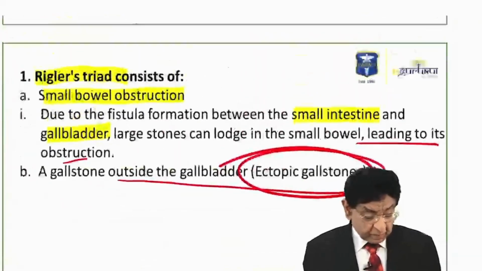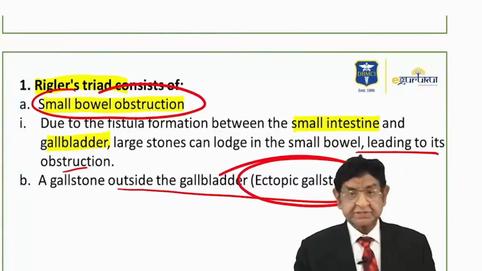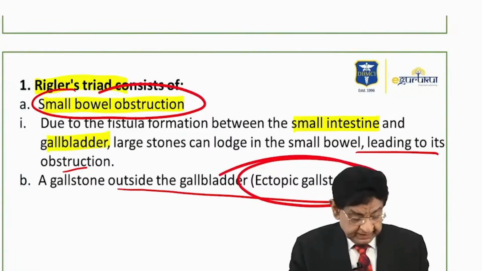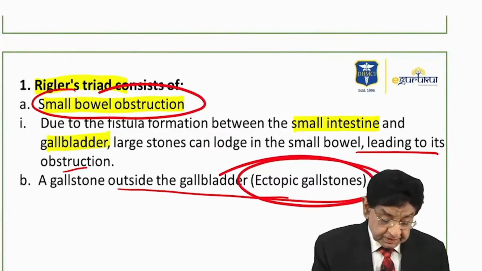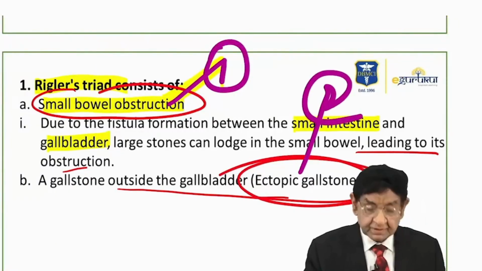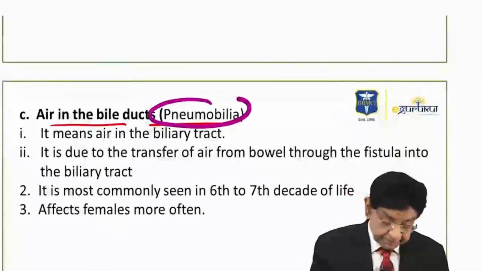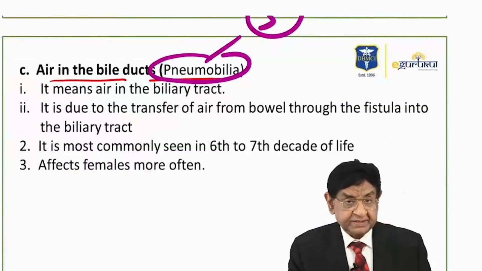So friends, number 1, small bowel obstruction in the triad of Rigler. Second is ectopic gallstone. This is the first keyword. Second keyword, and third keyword is pneumobilia, that is air in the bile duct.